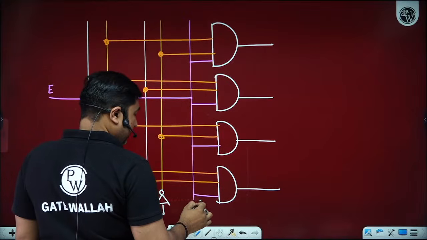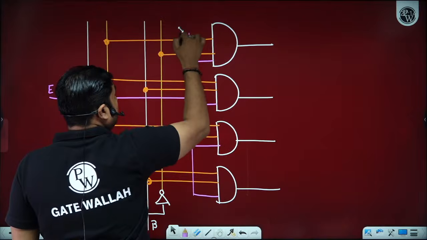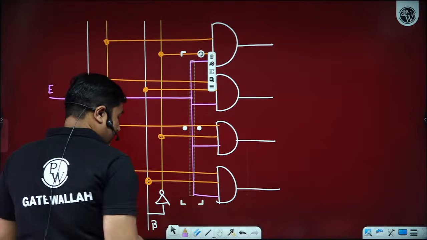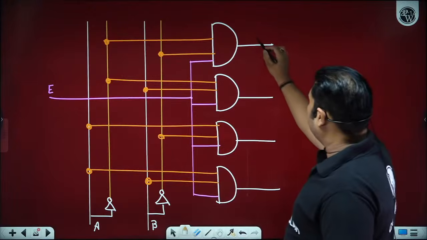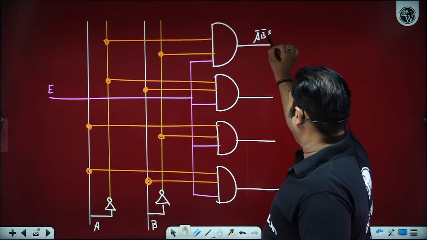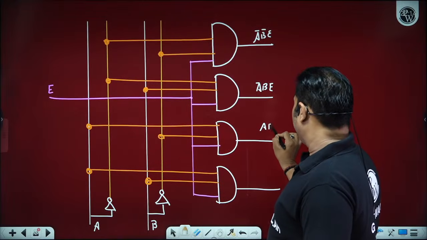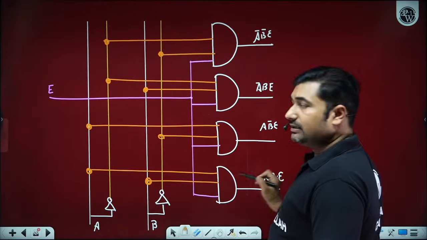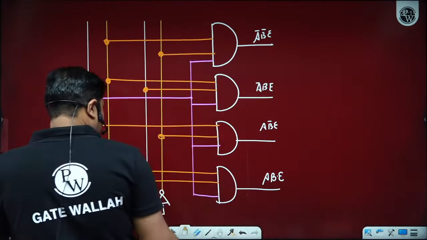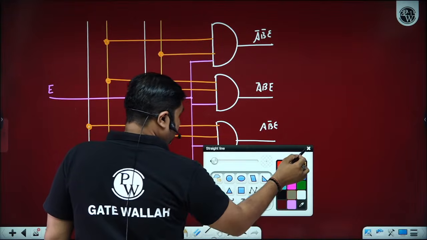Please let me know by writing in the comment section, beta ji. So what we are getting is A bar, B bar enable, A bar, B enable, A, B bar enable and A, B enable.